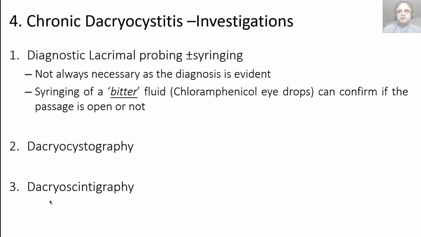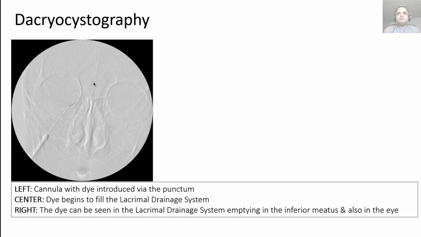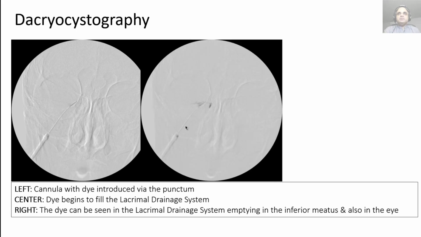The only reason they're mentioned here is because they are mentioned in your book, and irrespective of anything, books are golden. So what is dacryocystography? Dacryocystography is a radiologic study of the nasolacrimal passages, and this is an anatomical study highlighting if the passage has an anatomical block or not. A dye is introduced into the nasolacrimal system, and films are taken with it.